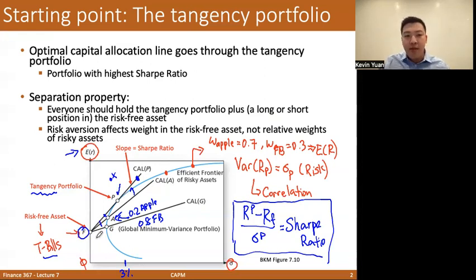The point is, based on risk preferences, that's going to dictate how much of the tangency portfolio you want. But under this theory, we all are going to agree on the mixture of this tangency portfolio. Where on this line you fall will depend on your specific preferences, but we're all going to agree that the tangency portfolio is something that we want to hold.